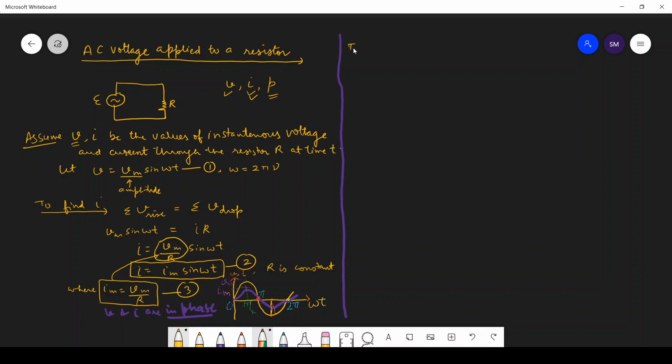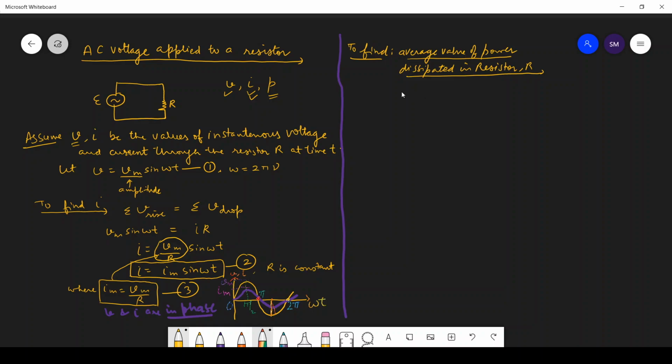So now we have to find the average value of power dissipated in resistor R. So this is what we are going to find: the average value of power dissipated in the resistor over a cycle.